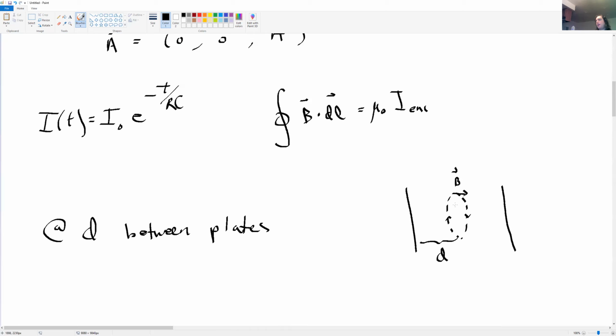So the dot product for Ampere's law is positive, and the electric field vectors are kind of coming through like this. And the radius of this loop here we'll call r.